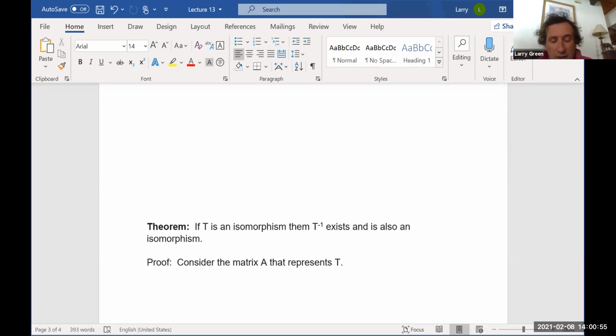So we know about the rank of A. If T is an isomorphism, then what do we know about the rank of A?